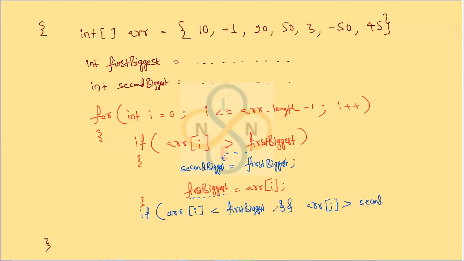It means there is one more element which is less than the first but greater than the second biggest. Then in this scenario, that element is going to become the second biggest. That's why inside this if condition body, we are supposed to assign the same array element, arr of i, back to secondBiggest again.